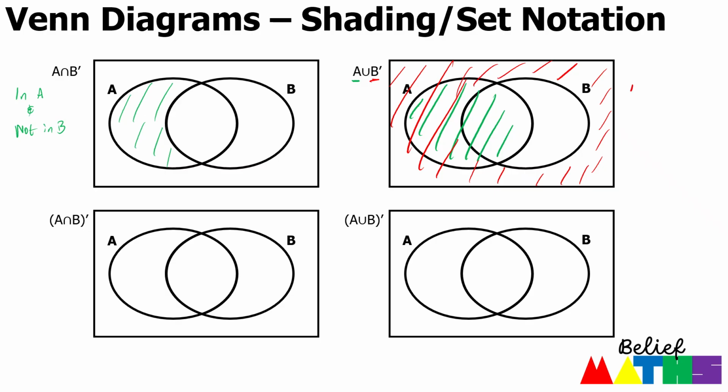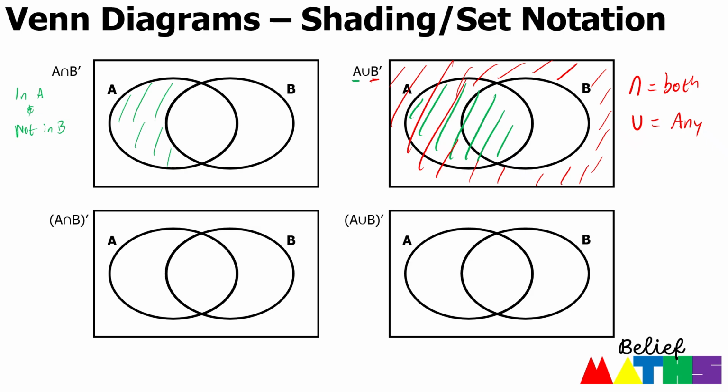The intersection means both colors. So like we saw in the previous one, it's just this crescent moon shape. The union means any color. So therefore that's why it's everything but the kind of crescent moon for B. So the intersection means both, the union means any color.